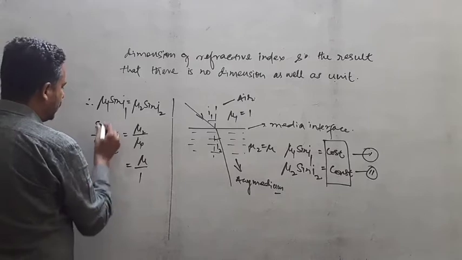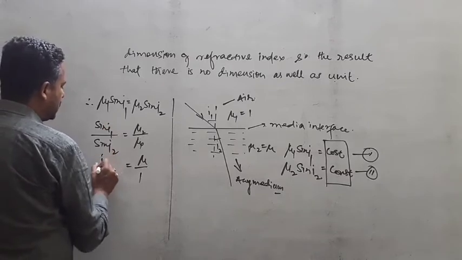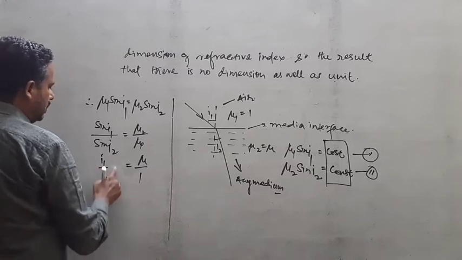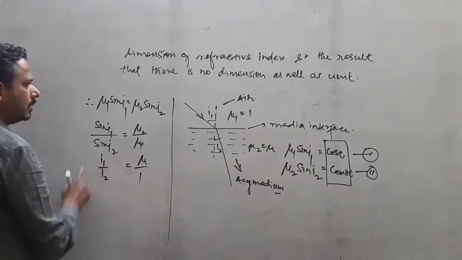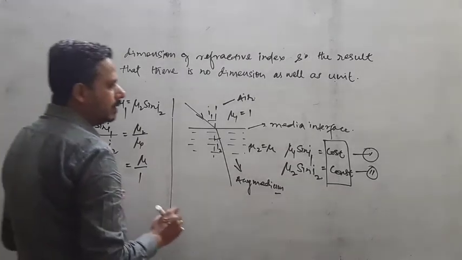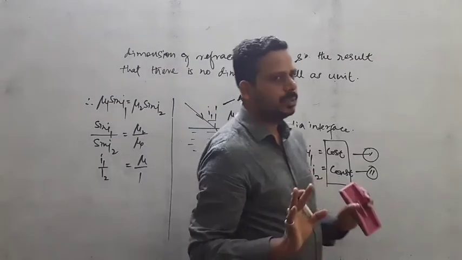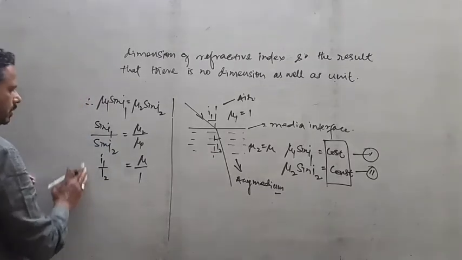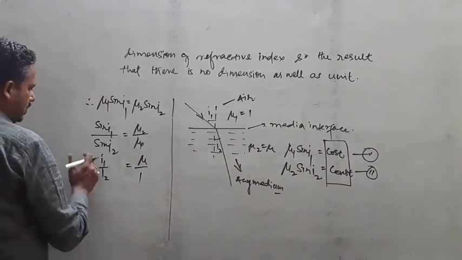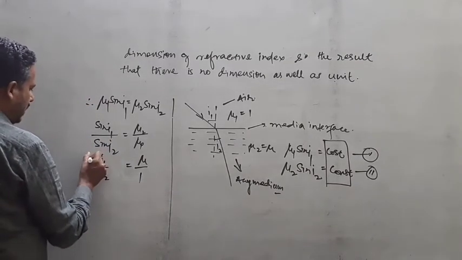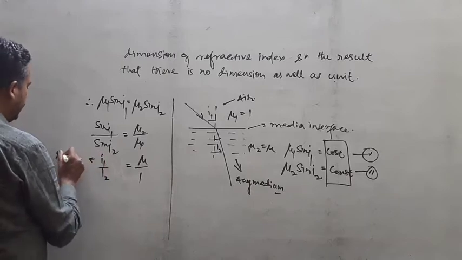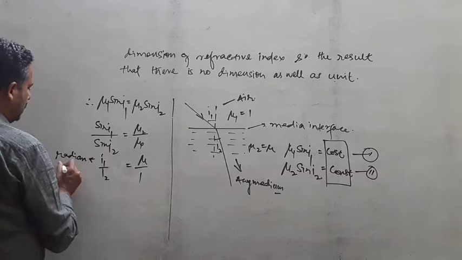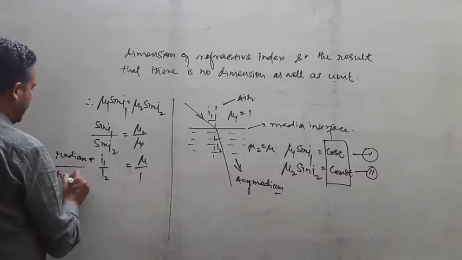So for the angle, this one is I1 by I. And you know for angle, you have a unit here, but there is no dimension. So whatever the unit will be, it will be in radian. So suppose its unit is in radian, therefore this one will also be in radian.